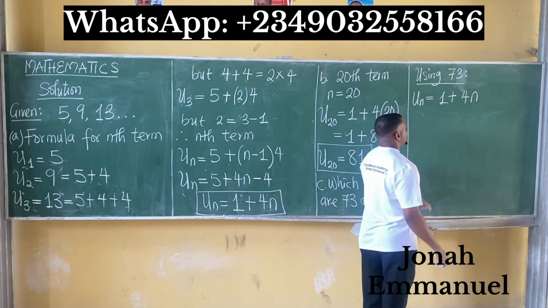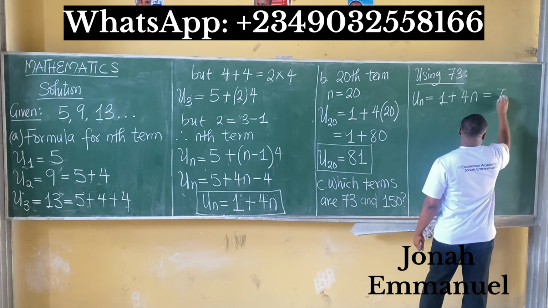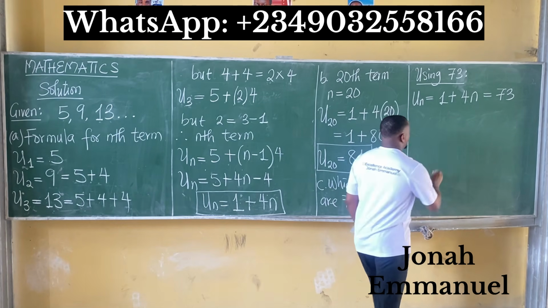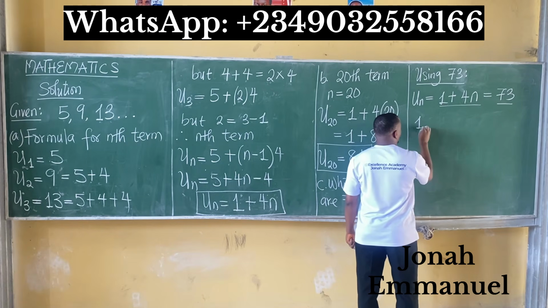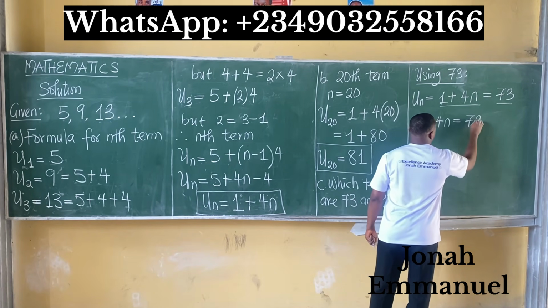To get the term that gives you 73, all we have to do is to equate this to 73. So I have 1 plus 4n is equal to 73.